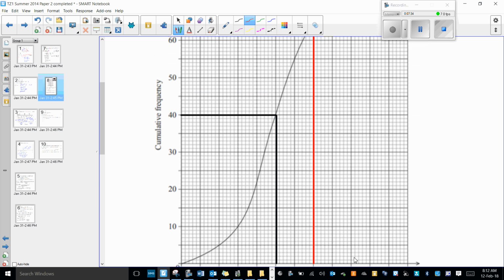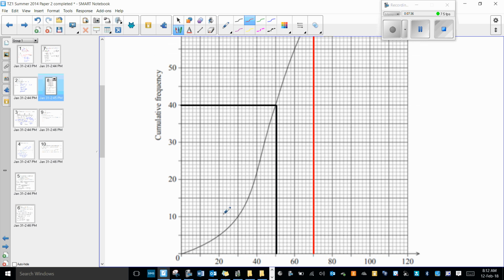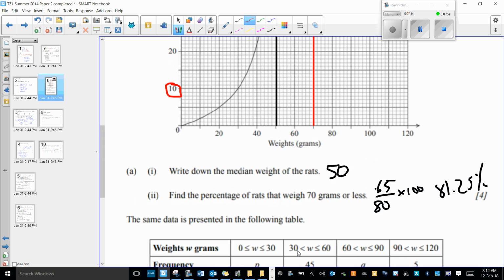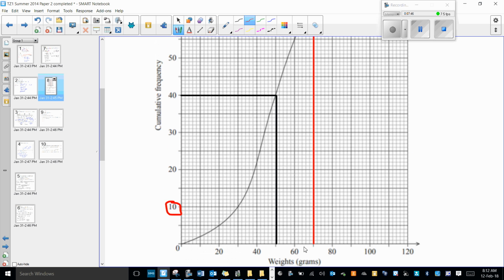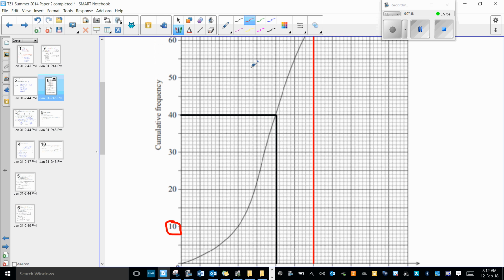Okay, so this was our first value. Then 30 to 60 was 45 because the 60 value was 55. And so we found the difference between those.